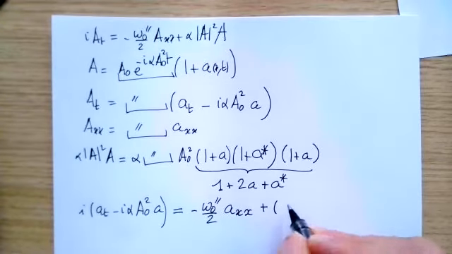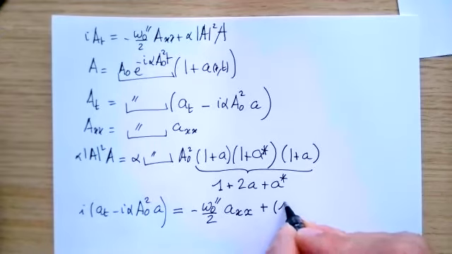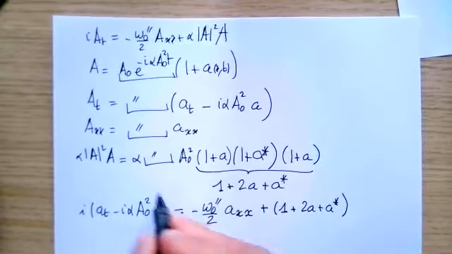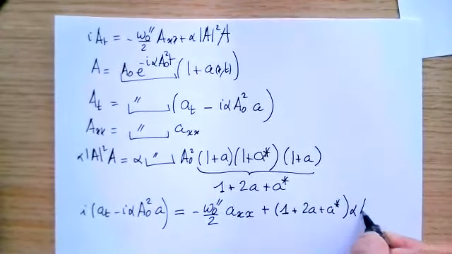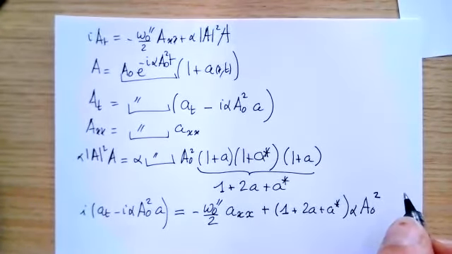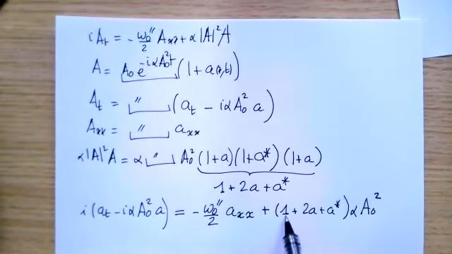Let's see, remains 1 plus 2a, and remains alpha A naught square. Okay, what did I get wrong?